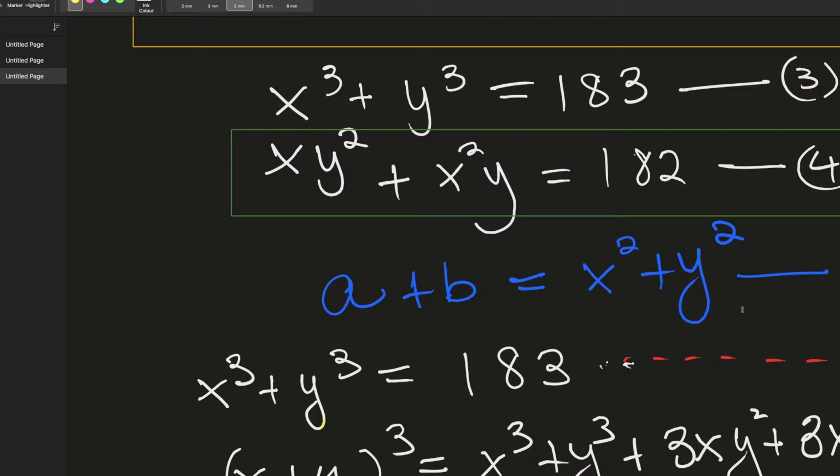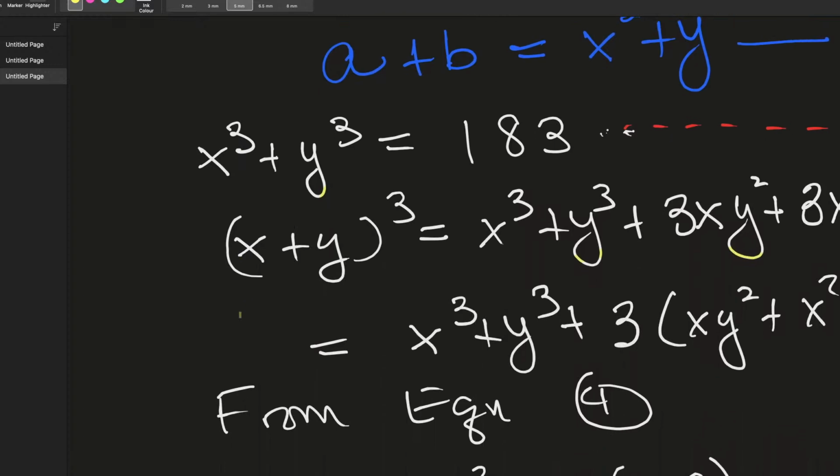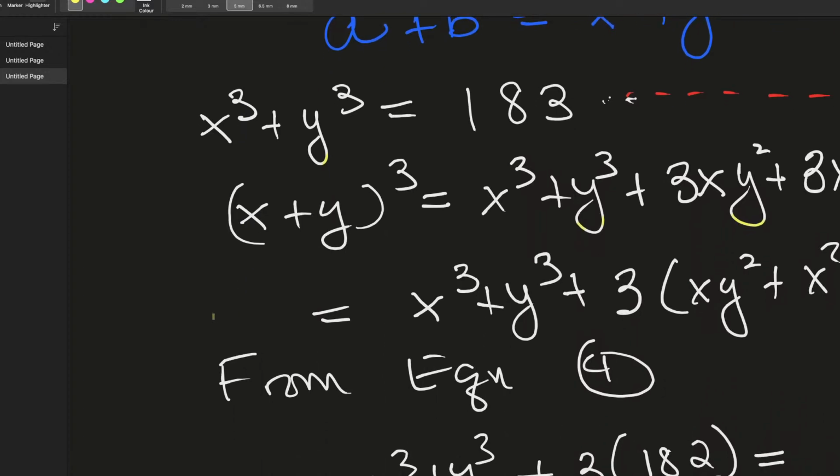Now, this X cubed plus Y cubed, which is equal to 183, we all know if you do binomial expansion using Pascal's triangle, you realize that we have X cubed plus Y cubed plus 3XY squared plus 3X squared Y. Friends, it's not anything new at all.